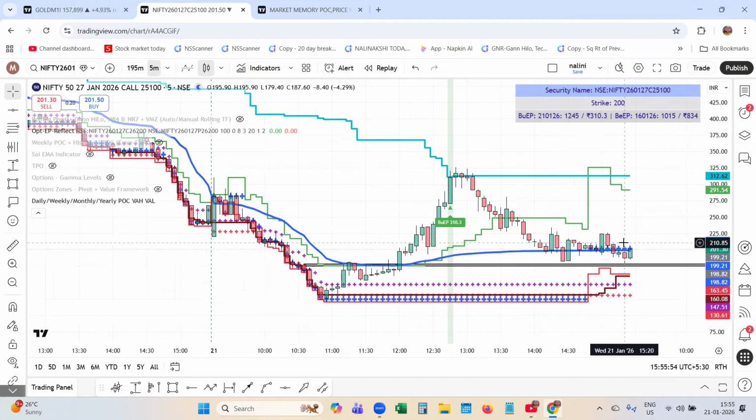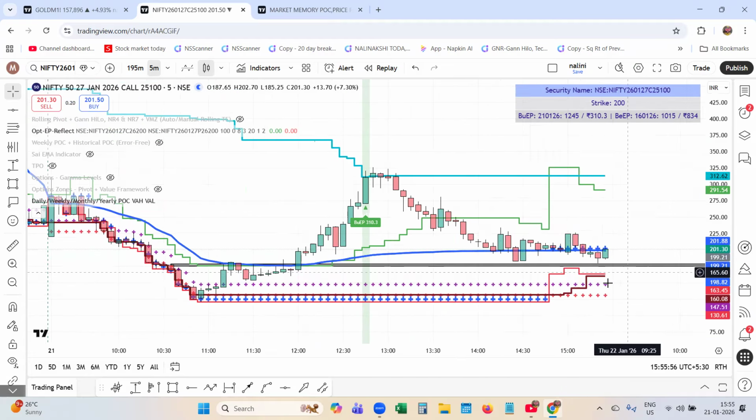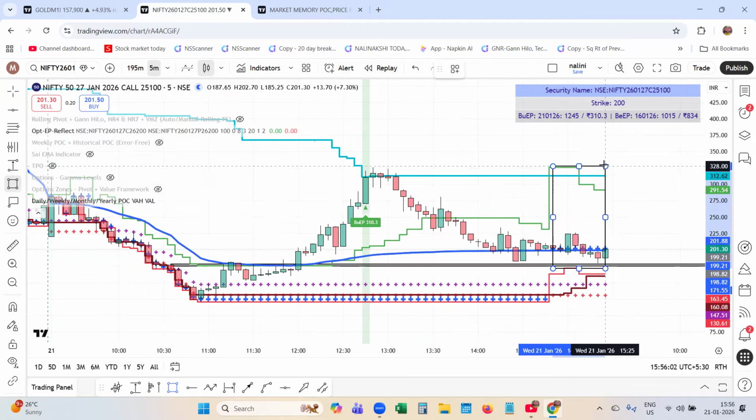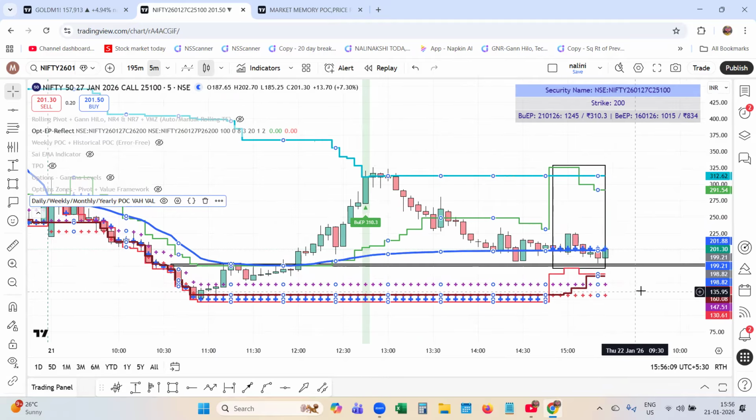Even the POC has been shifted, and the value area, this area and this market area has been shifted to the top, and the value area low. Value area low is here. If tomorrow, and the option zone value area low is increasing, indicating the market is trying to.